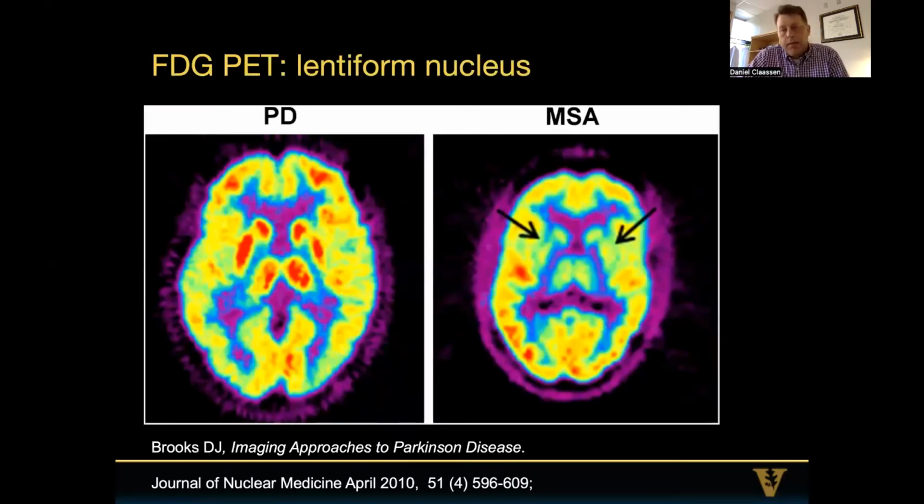And this is not new. In the old days, so to speak, though we still do this now in some of our patients, we can do what's called a PET scan. What I've shown you before in the MRI is structure, and the PET scan looks at, in this case, function, because we use what's called a glucose ligand, and we inject it in the patient's arm, and then the brain uses glucose, and we can see how the brain uses that glucose.